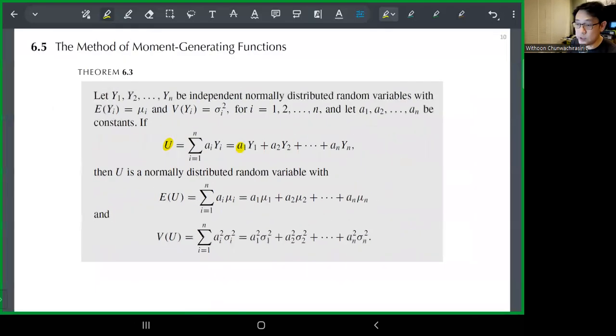Then by using the same trick, you can find the expected value of U, no problem, and the variance of U using the same trick as before. The expectation is simple. It's a linear combination of all those mu anyway. And for the variance, don't forget to square the coefficients in front, followed by the variance of each individual Y. So this one is no big deal.